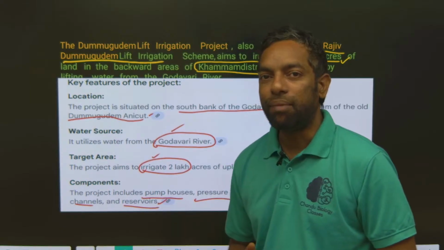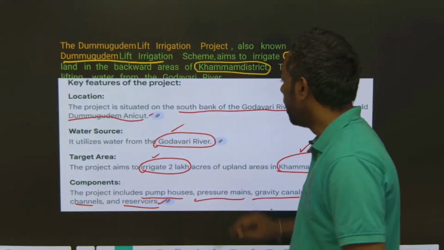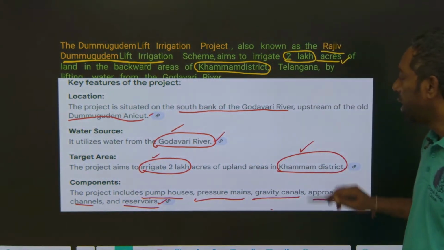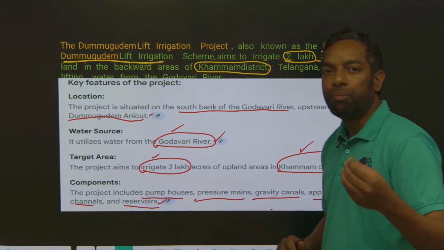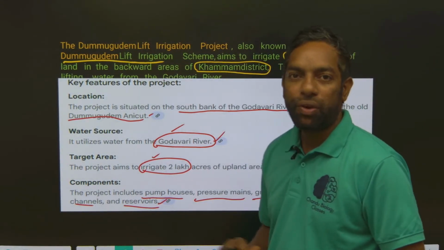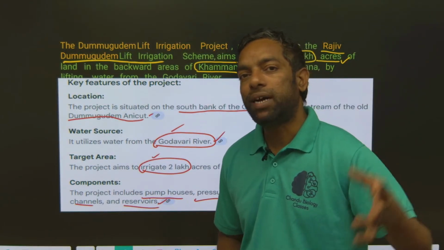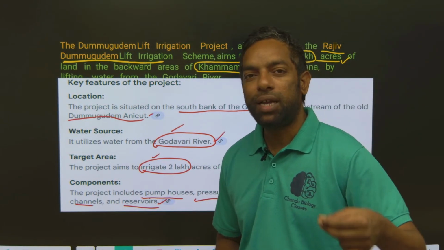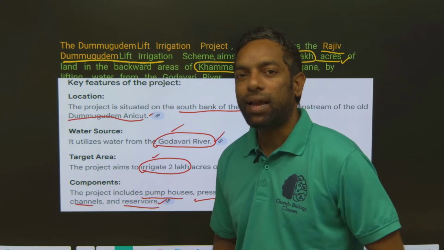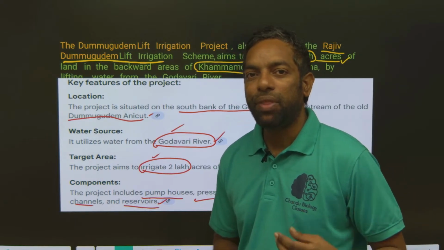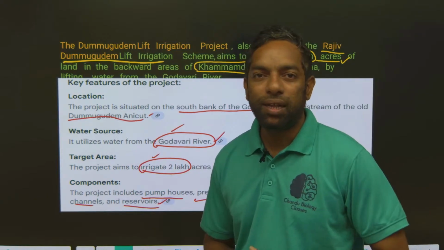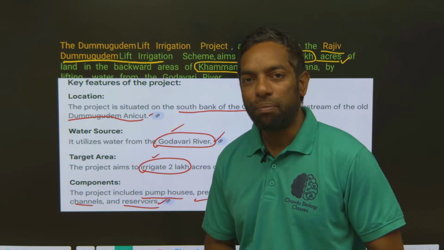It is mainly on the Godavari in Khammam district. You have to remember where it is located and what the purpose of this project is: 2 lakh acres for irrigation.